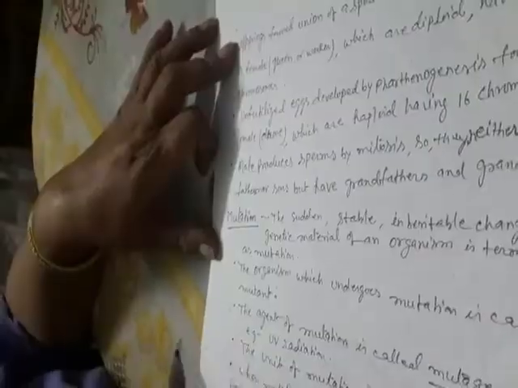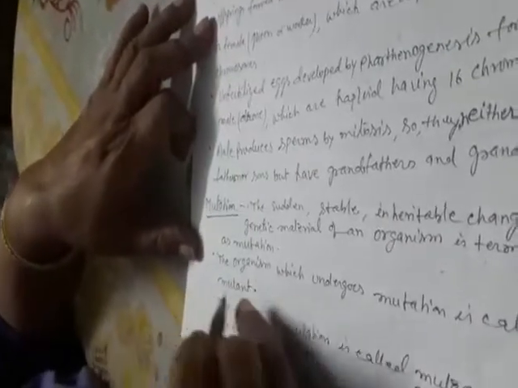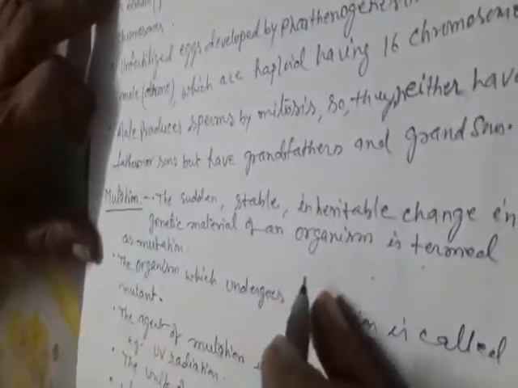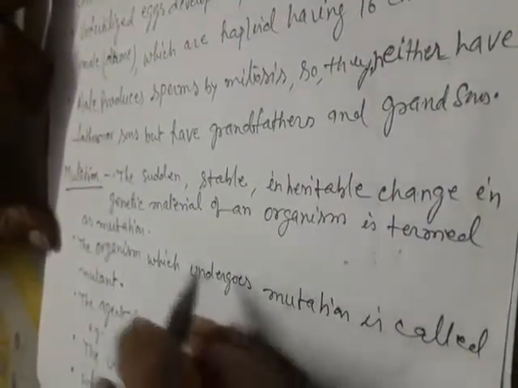Now mutation. The sudden, stable, inheritable change in genetic material of an organism is termed as mutation. The organism which undergoes mutation is called mutant.